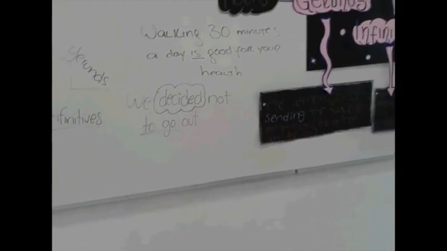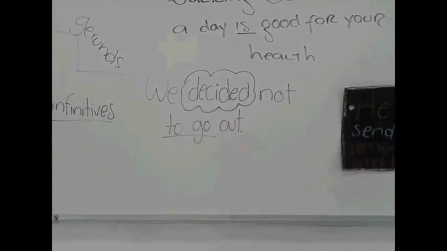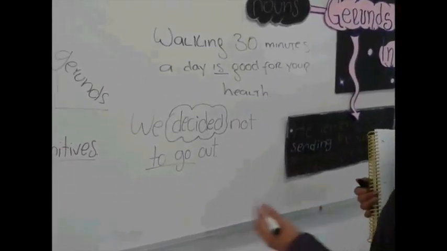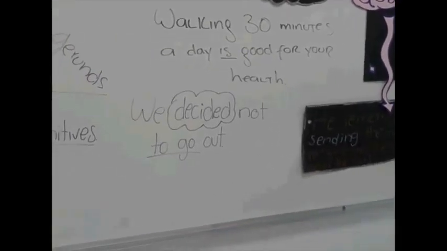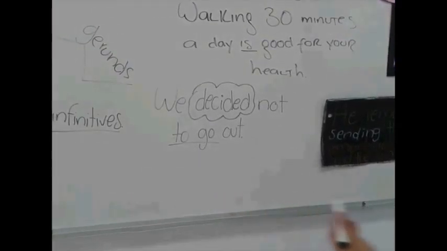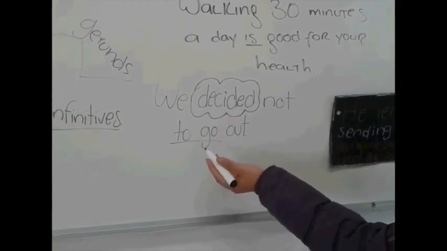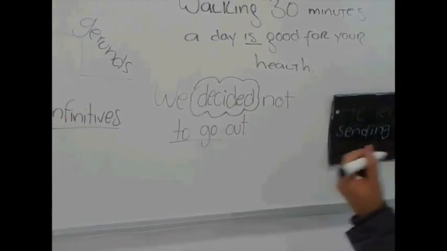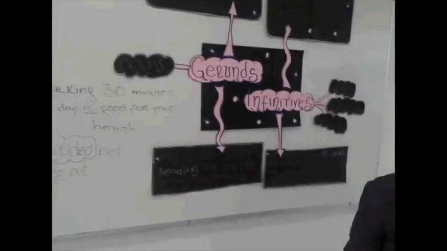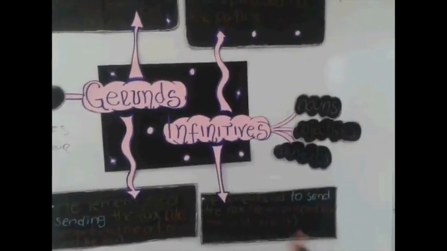In this case, we have the infinitive working as a noun. So here we have to go, which is the infinitive, and decided is the main verb. To go works as a noun because this is telling us decided what? To go.